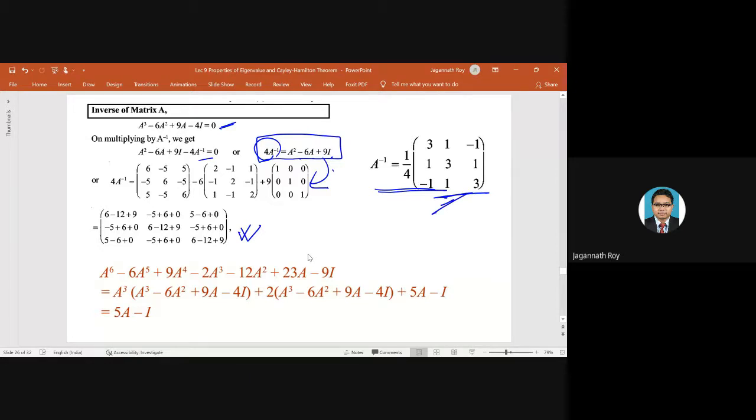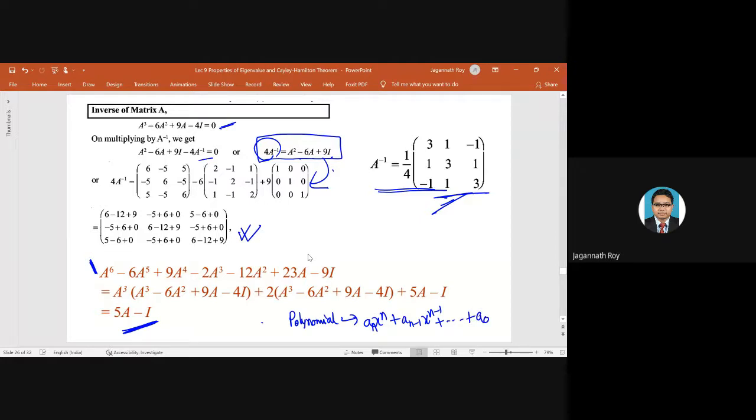Now the third task is to represent this quantity in terms of linear polynomial. So what is a polynomial? A polynomial f(x) is of the form a_n x to the power n plus a_(n-1) x to the power n minus 1 plus dot dot dot plus a_0.